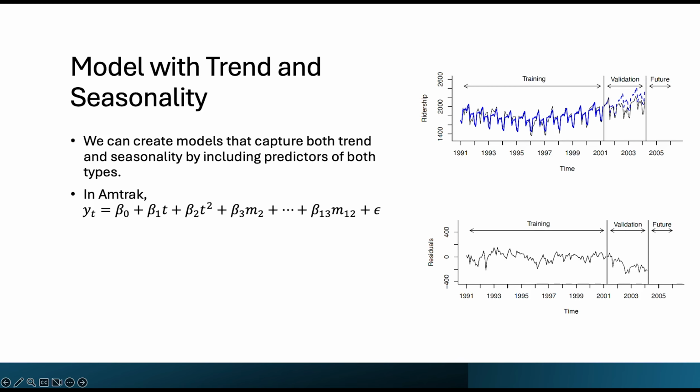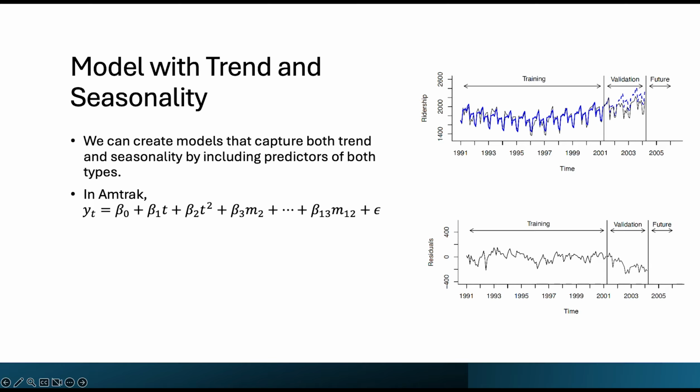And because we know the behavior of Amtrak is curvy, the trend part that we are going to add is going to be the quadratic form, which is beta naught plus beta 1 t plus beta 2 t squared. And we know the seasonality repeats every 12 months.